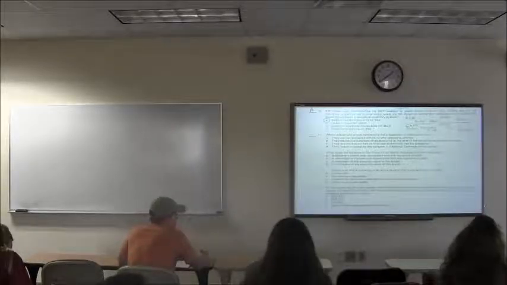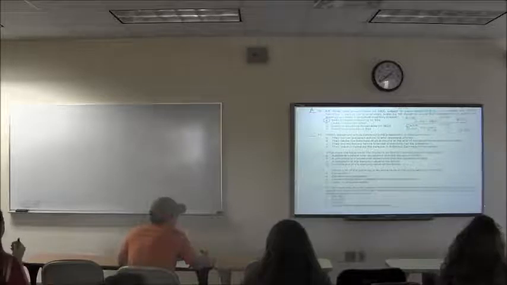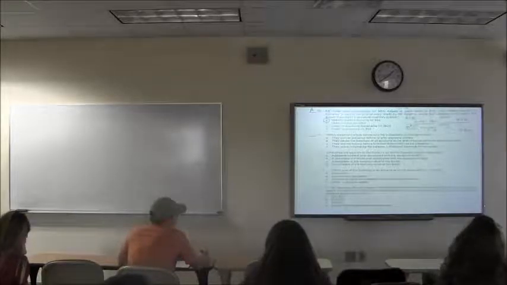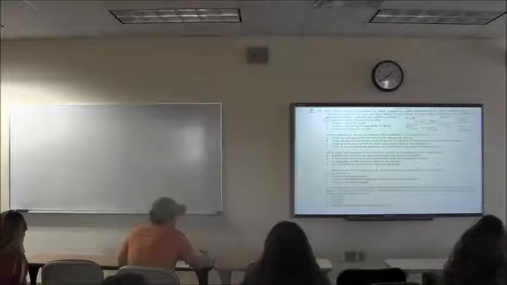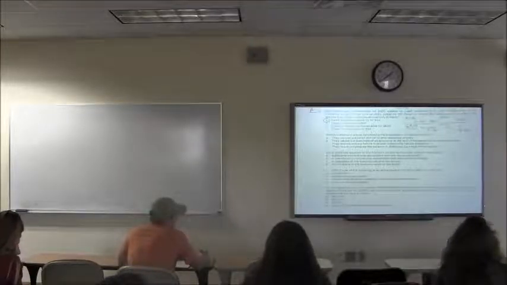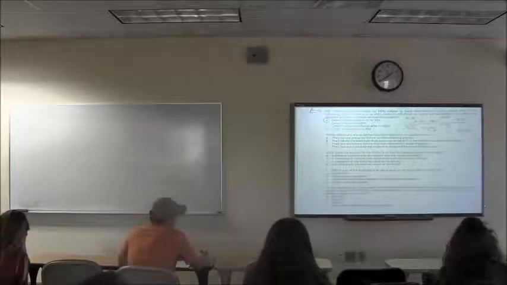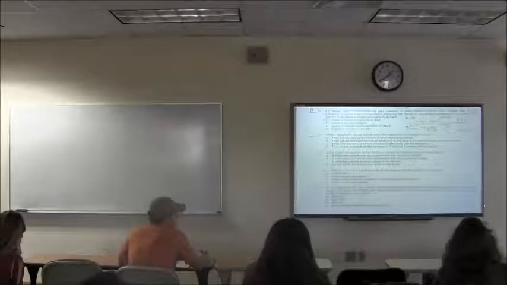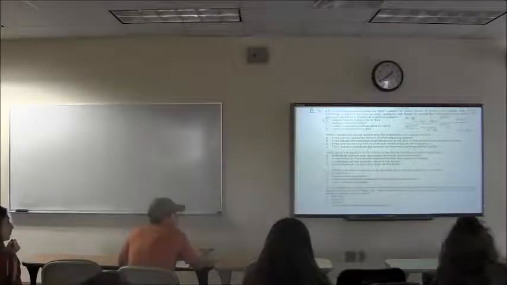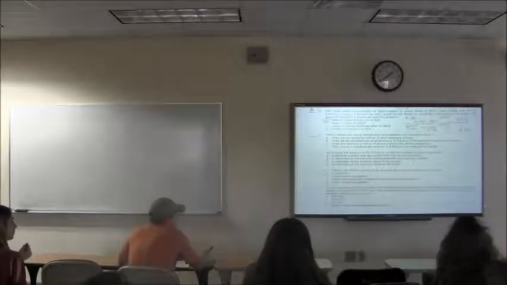B, they cause the balances of all accounts at the end of the period to be adjusted to zero. I'm sorry, no, that is not correct. They cause the balances of all temporary accounts, at the end of a period, to be adjusted to zero. What are your temporary accounts? Revenues and expenses are your temporary accounts.